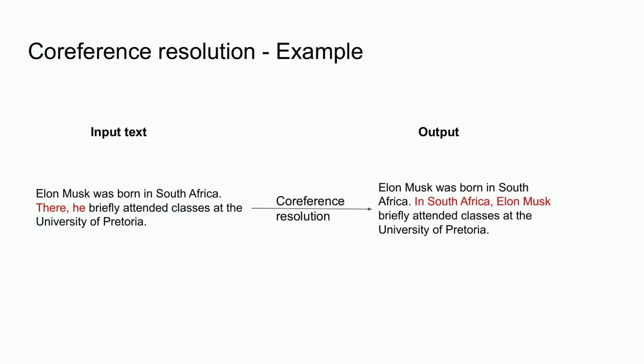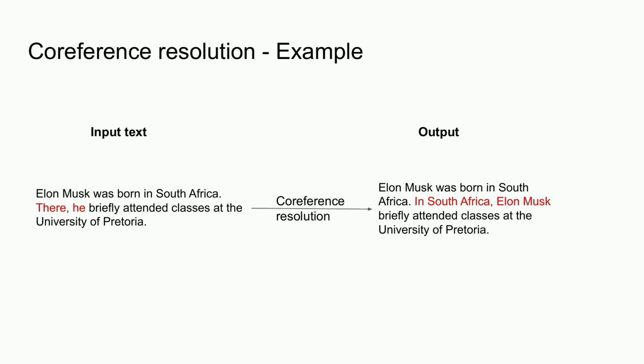I've got a simple example. If we input: Elon Musk was born in South Africa, there he briefly attended classes at the University of Pretoria. You can see that the first sentence doesn't have any pronouns, but the second sentence has two pronouns, one locational and one personal.